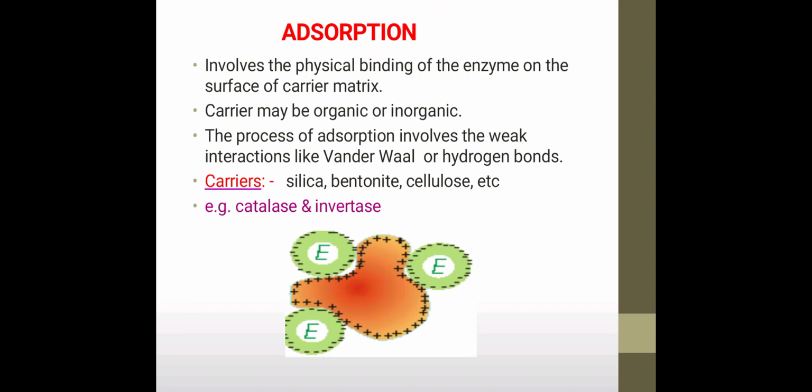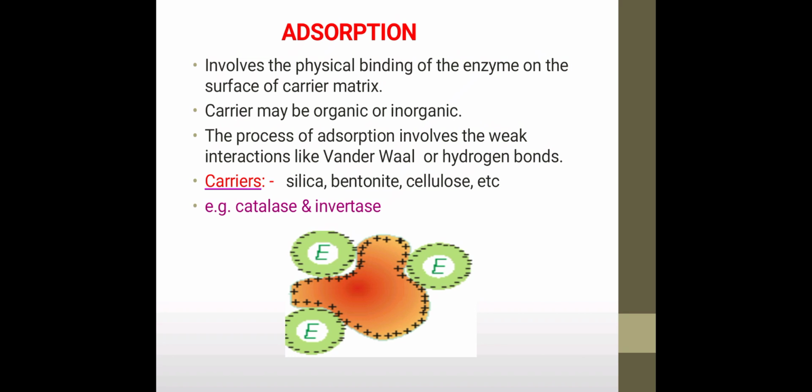The first method, adsorption, as the name indicates, shows adsorption over a support. Physical binding of this enzyme on a surface of a carrier matrix. So we are using a carrier matrix. Over the carrier matrix, this enzyme has to adsorb. So the carrier may be either organic or inorganic.